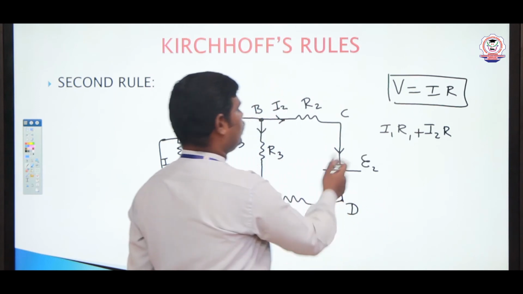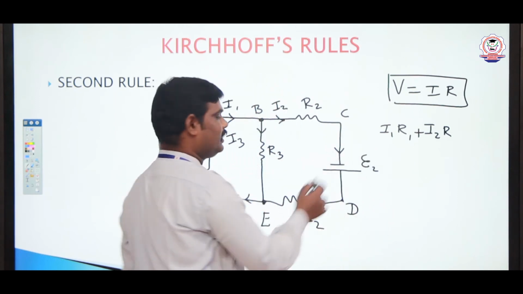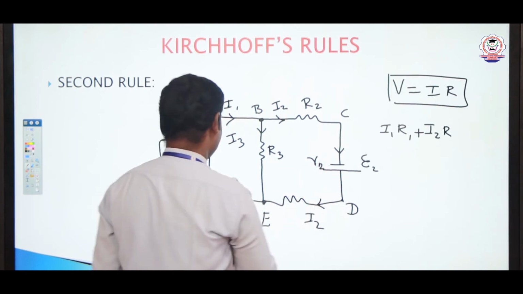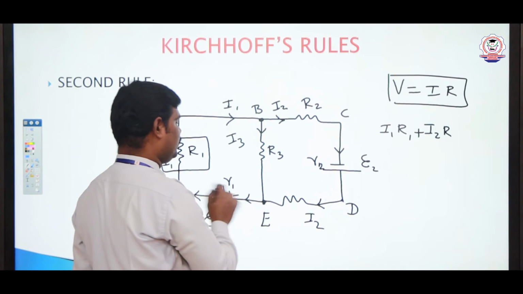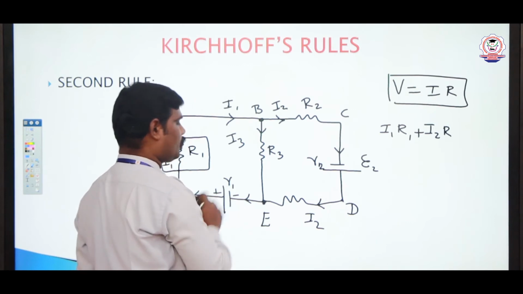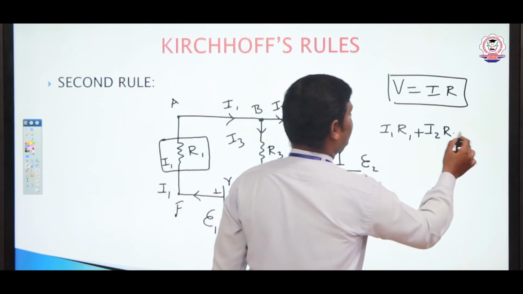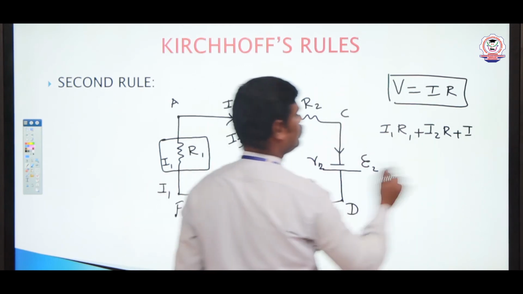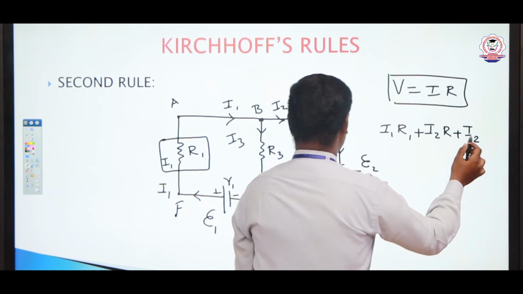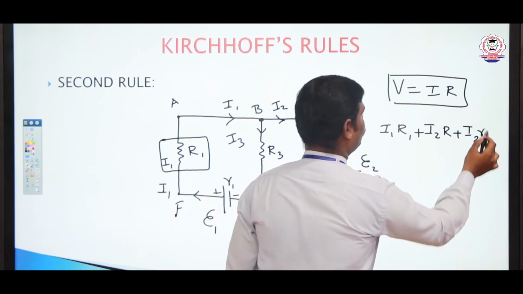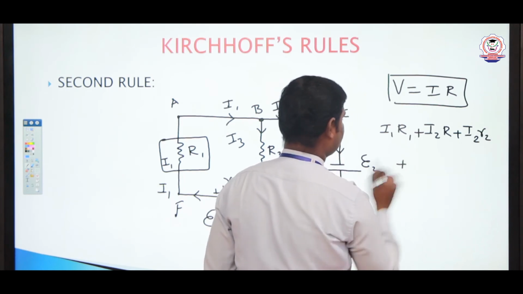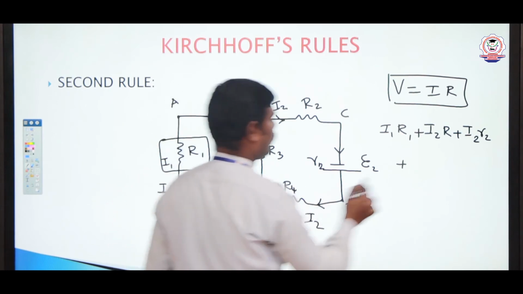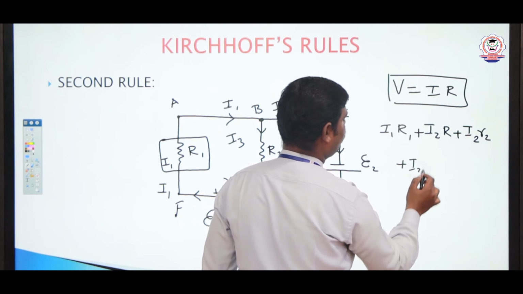Next, here is one small resistance, the internal resistance. I take this as R2, and here the small internal resistance is R1. The same current I2 passes through psi2, so plus I2 into R2, then plus I2 into R4.